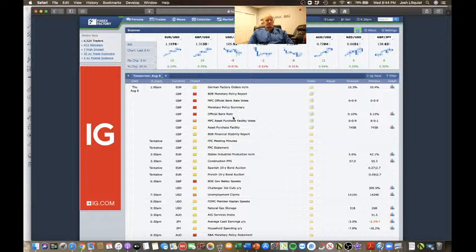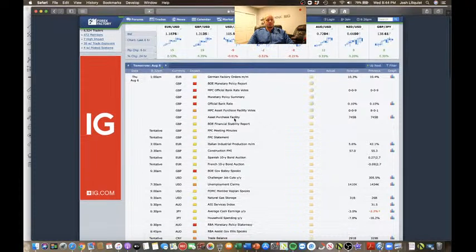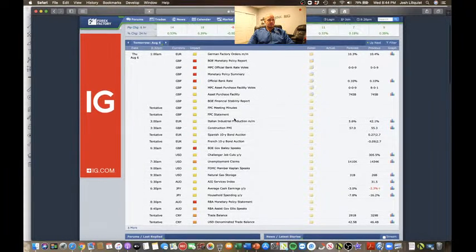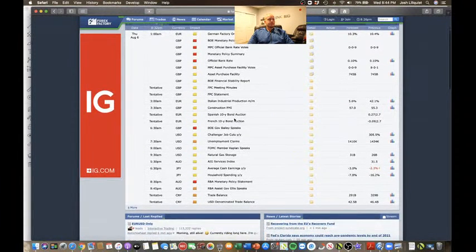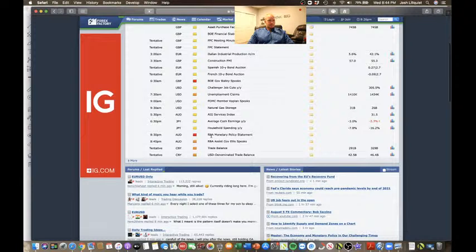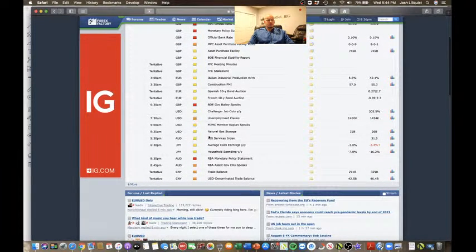So there's going to be some nice moves within the pound dollar, the euro pound tonight potentially. The Bank of Australia has a monetary policy statement tomorrow night, Thursday night, 8:30 Central Time. There could be some volatility there as well.